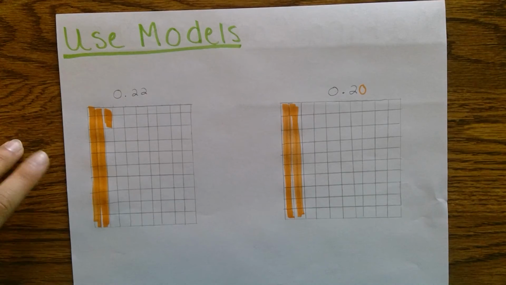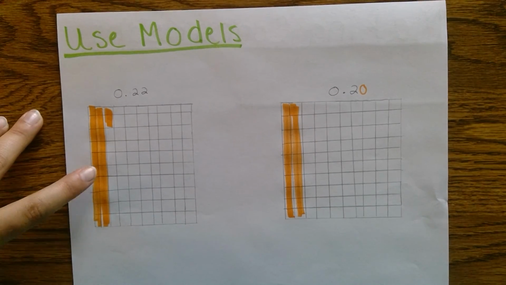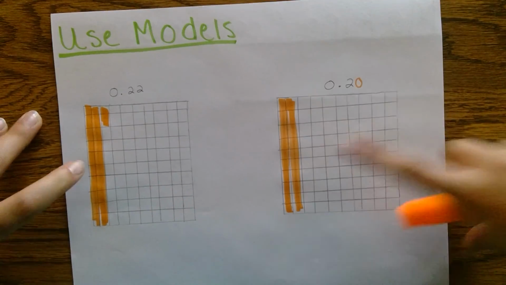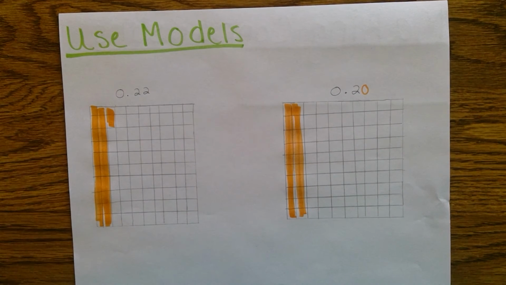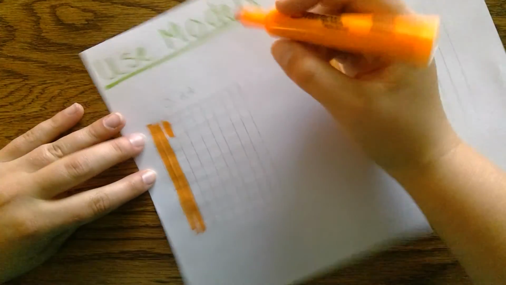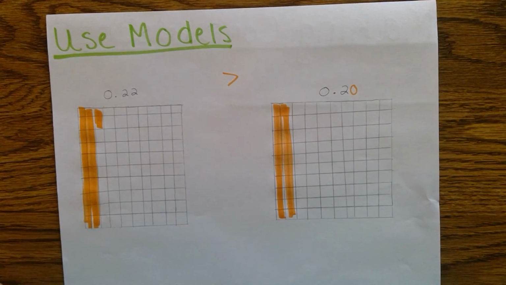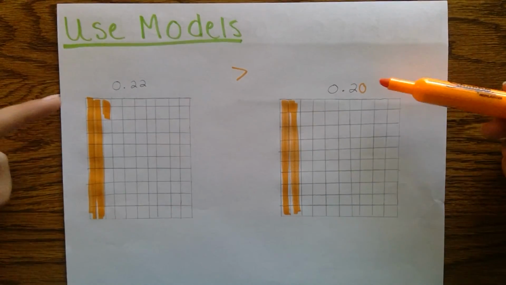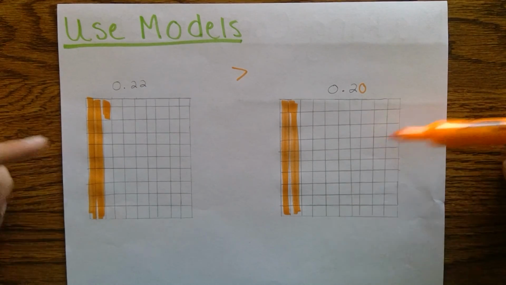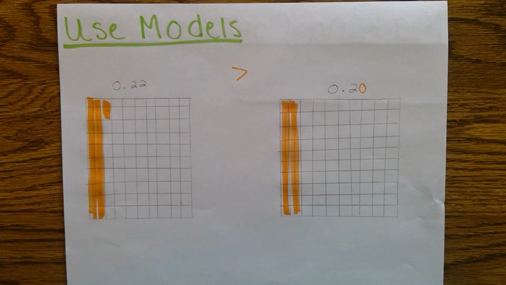So as you can see, here are 22 squares filled, and here are 20 squares filled. So it provides a nice visual for you to be able to see which one is larger. So we can conclude that 22 hundredths is greater than 20 hundredths. So not only can we use those two decimals, but we can also use this model to see it visually.